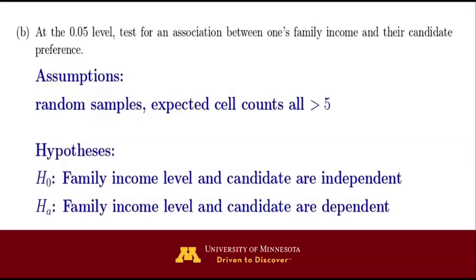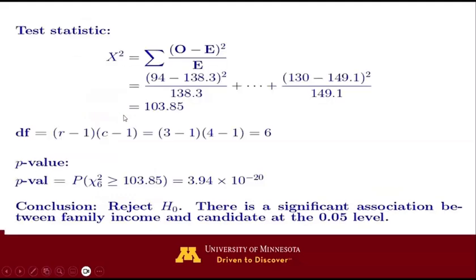And after the formulation of hypothesis, the next thing you're going to talk about is the test statistic. I need you to pay attention to the way I get the test statistic right now.